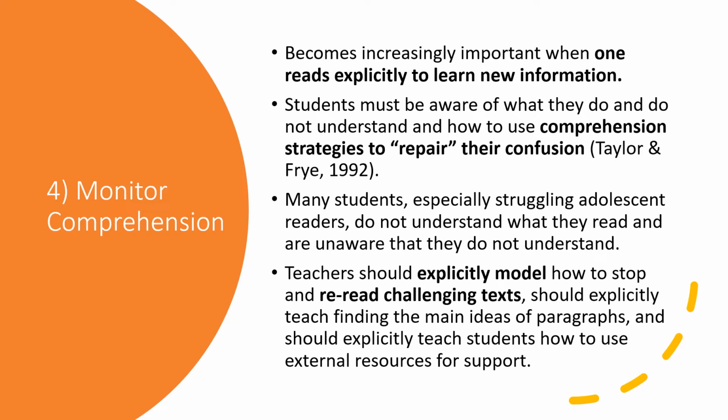Many students, especially struggling adolescent readers, do not understand what they read and are unaware that they do not understand. So it's kind of back to that thing of you don't know what you don't know. Teachers should explicitly model how to stop, how to reread challenging texts, and should explicitly teach finding the main ideas of paragraphs and explicitly teach students how to use external sources for support.